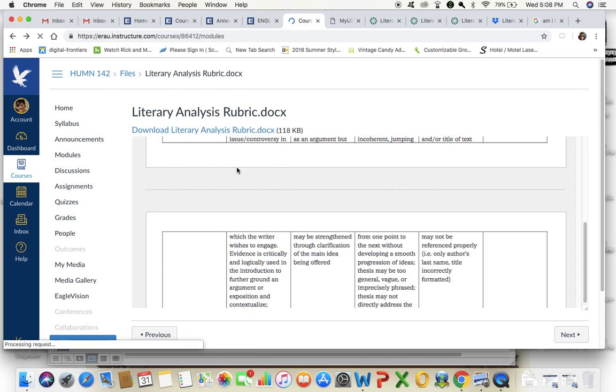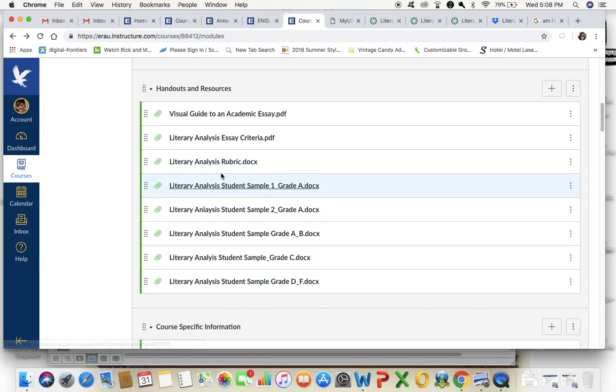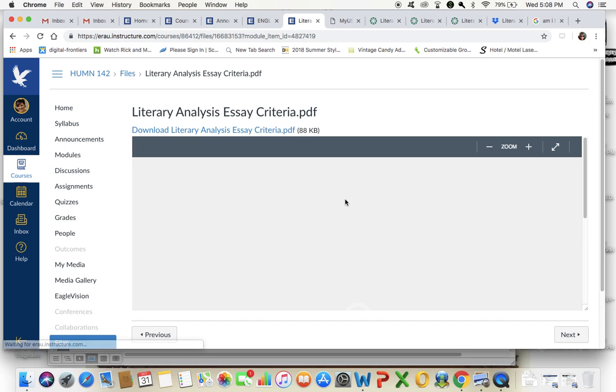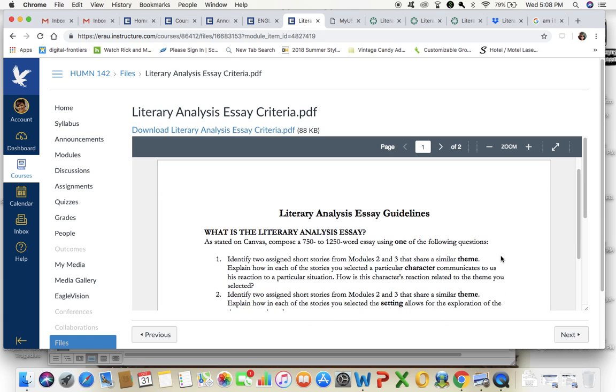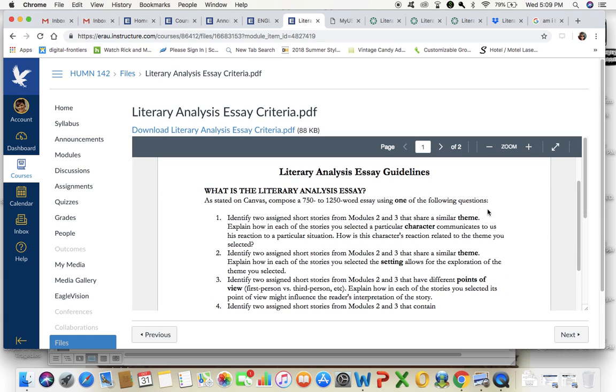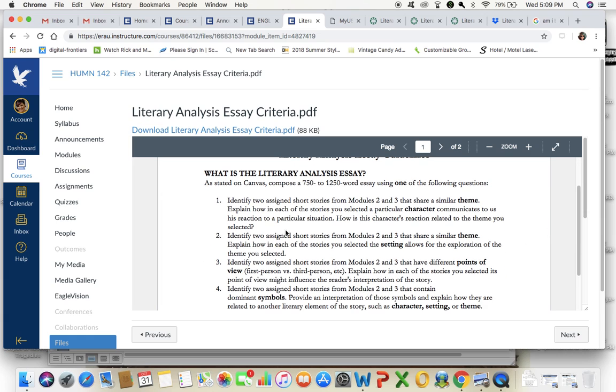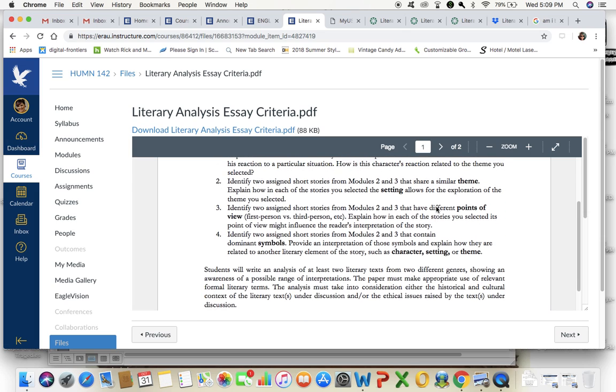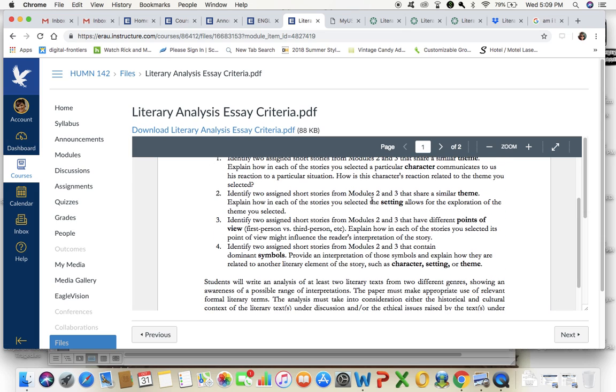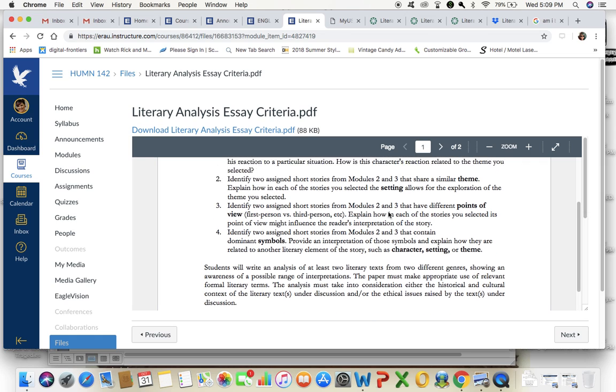And then the last thing I uploaded was the literary analysis essay criteria. I call it guidelines in the actual document. Again, this reiterates what the actual essay assignment is: the 4 different questions, and you want to choose one of those.